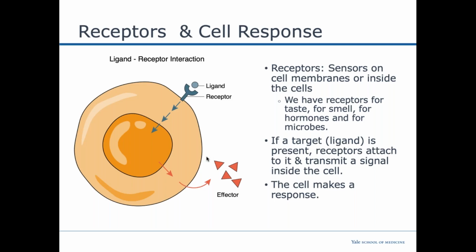It was such a fundamental discovery. Now, if a target molecule, called a ligand, binds to the receptor, then it will transmit a signal inside the cell, and the cell then will make a response.